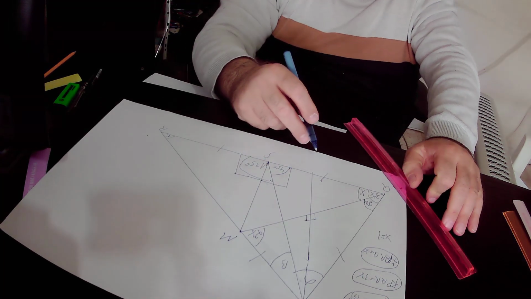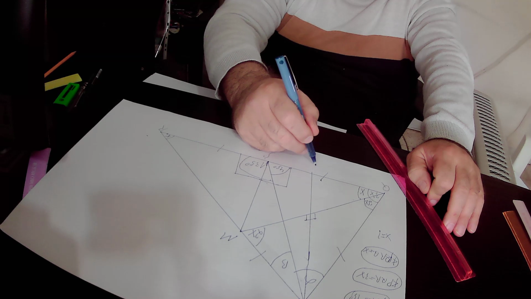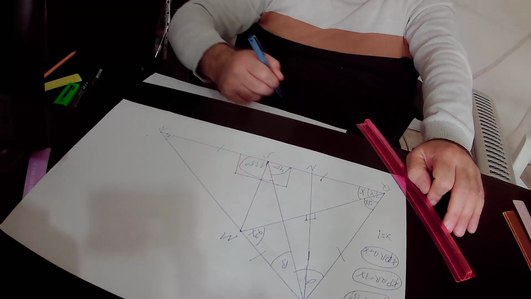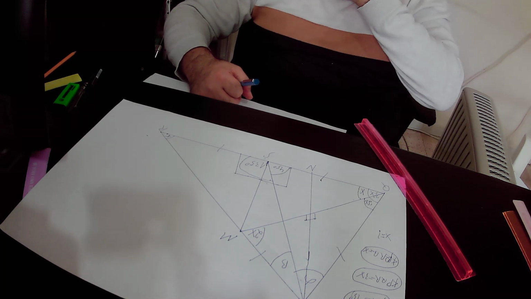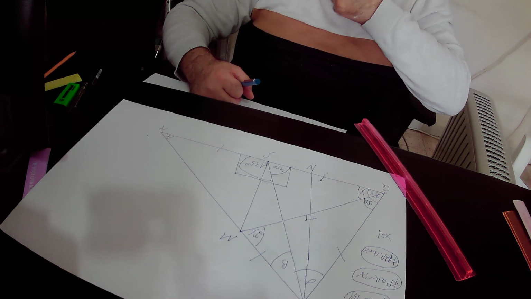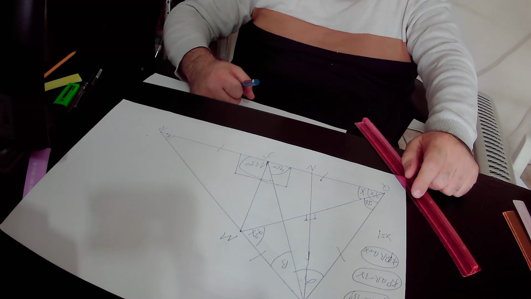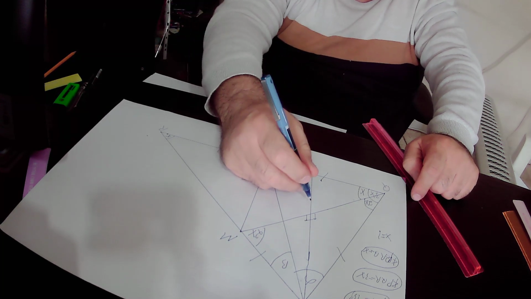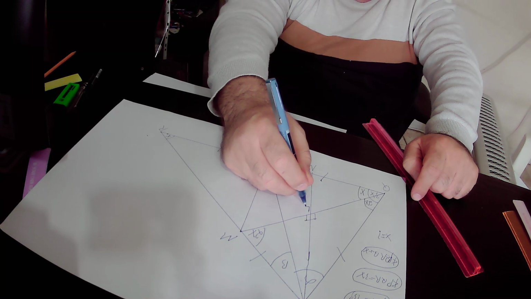We will define the touching point between the perpendicular and QS as N. And so here we define this point as point L.